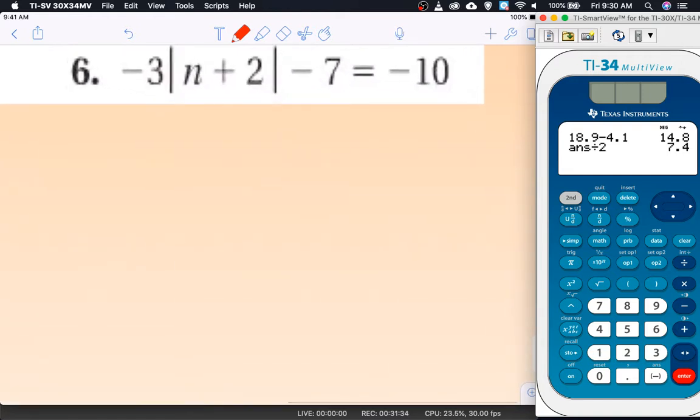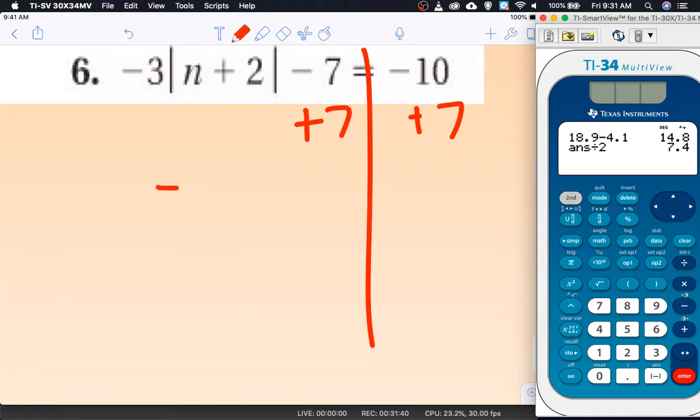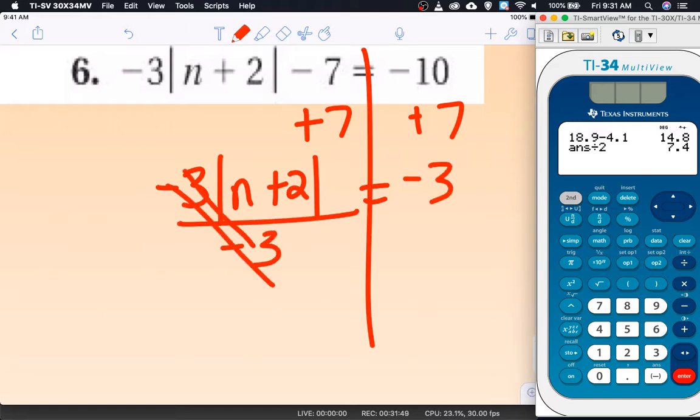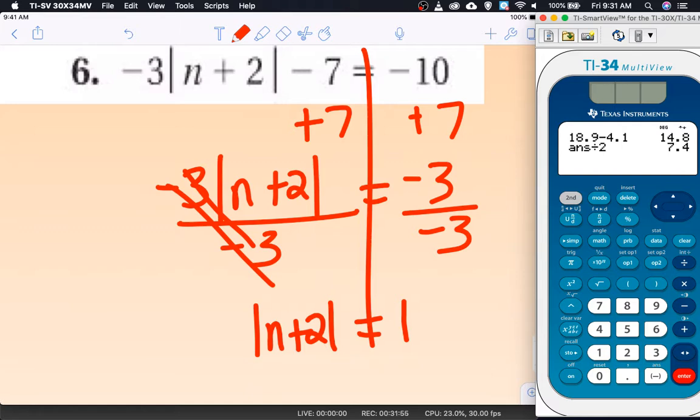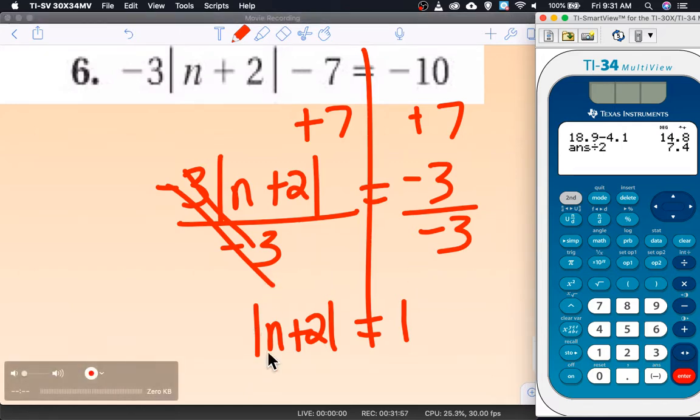Number 6, we're going to add 7 to both sides, and that gives us negative 3. Absolute value of n plus 2 is equal to negative 3. When I divide by negative 3 on both sides, absolute value of n plus 2 is equal to a positive 1. We can continue. Absolute value equals a positive 1.